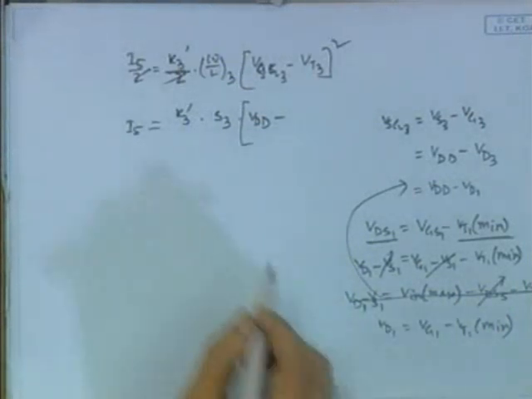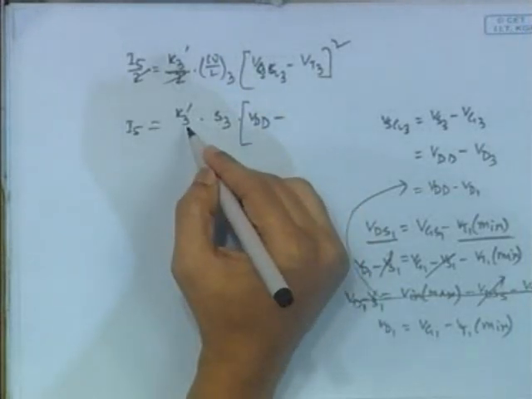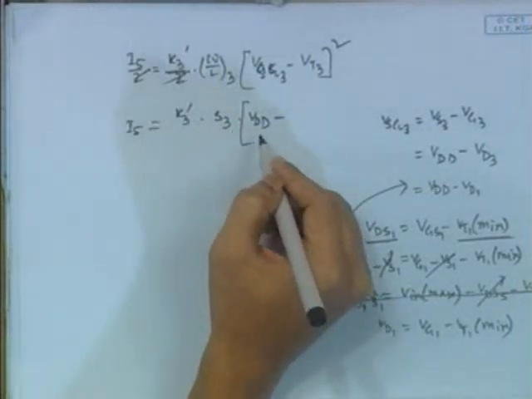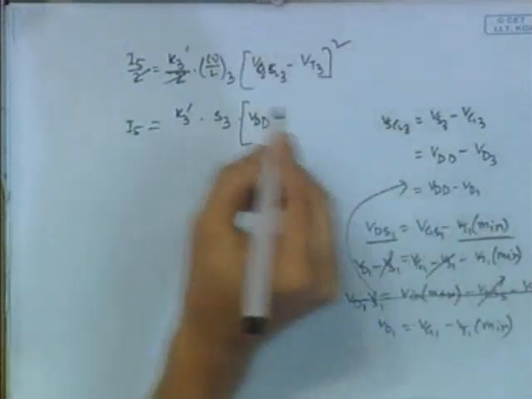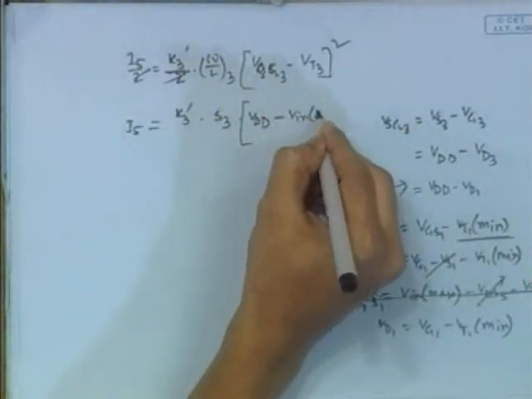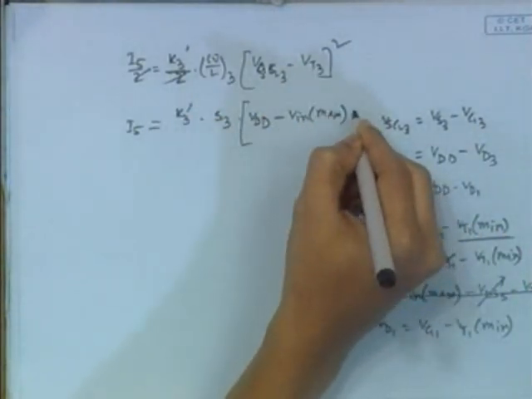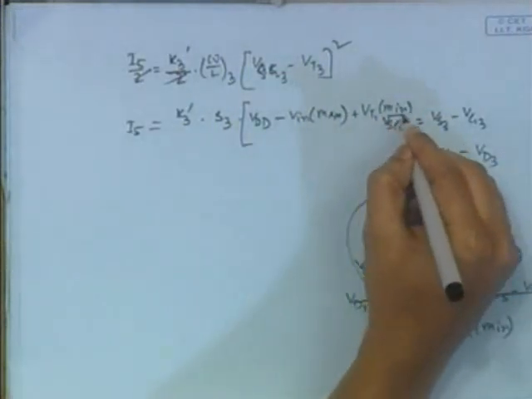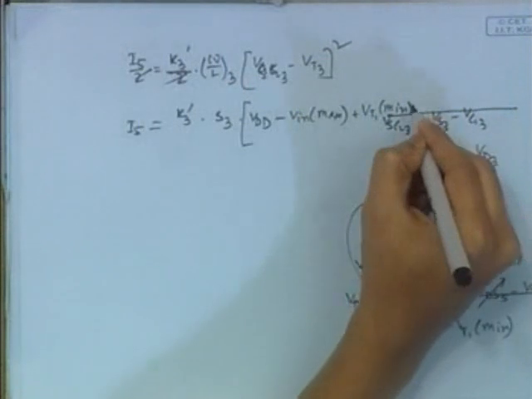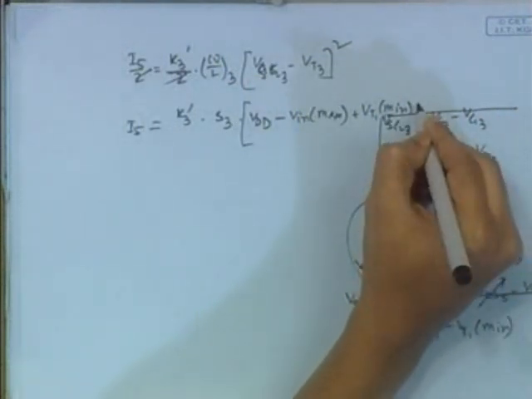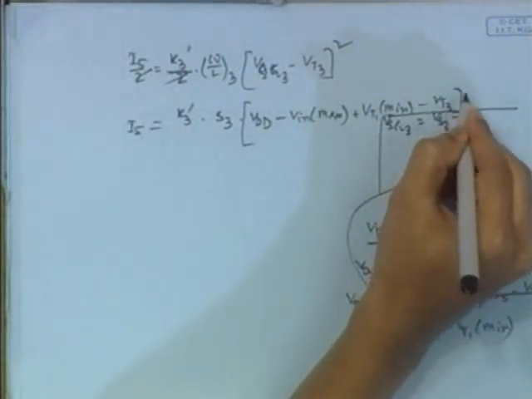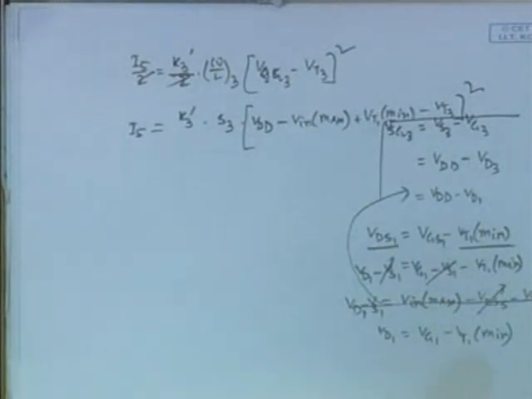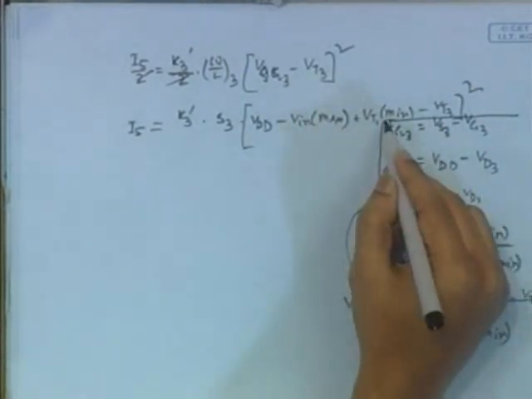So we are left with this equation: I5 equals K3 dash S3 times VDD minus, put that VD1 value there, that means Vin max plus VT1 mean, VT1 mean minus VT3, square of this whole thing.